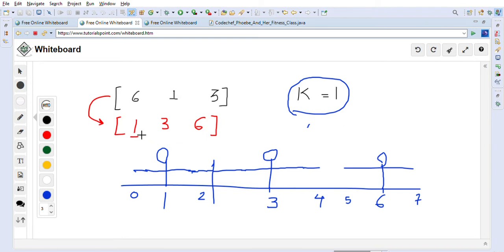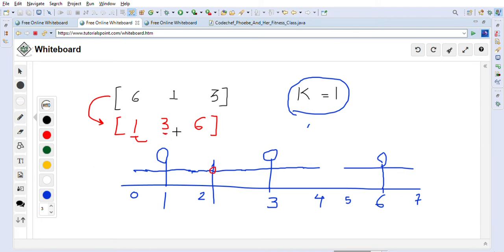So we will compare this with the next person. As soon as we find any overlapping, we are going to return imperfect exercise. So we will compare 1 and 3, and we will know that both are just touching at 2, so no overlapping, correct?